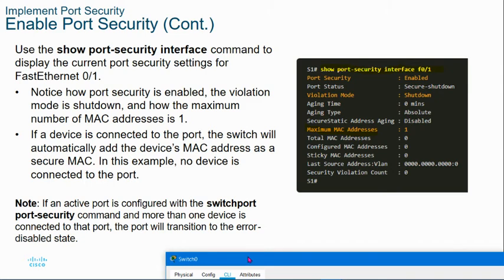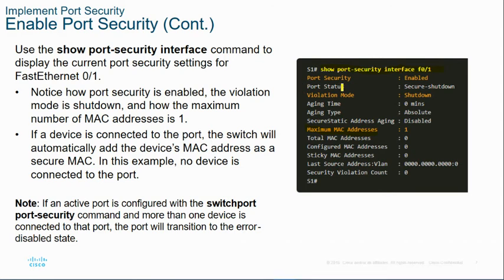If more than one device is connected on that port, then the port will be disabled. And if you see the status, the port status will be represented as error disabled state.